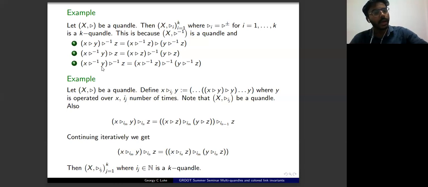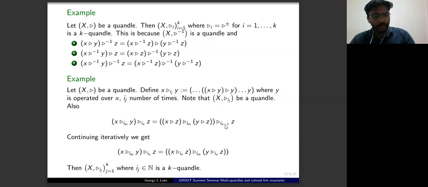Another example we can consider is that (X, ◁) is a quandle, and then I define x ◁_{i_j} y as follows. x ◁_{i_j} y is y operated by x, i_j number of times. It's easy to see that (X, ◁_{i_j}) is a quandle, and also note that (x ◁_{i_m} y) ◁_{i_m} z is actually (x ◁ z) ◁_{i_m} (y ◁ z) ◁_{i_{m-1}} z.